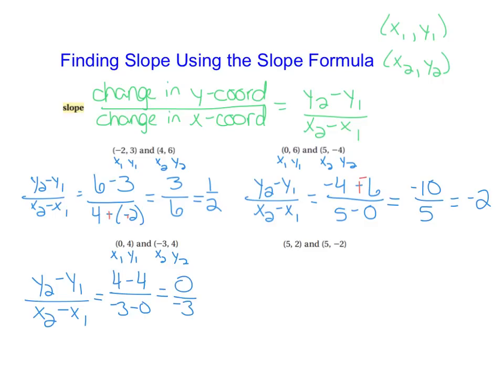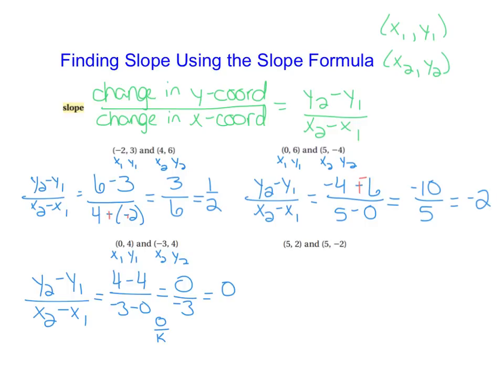Uh-oh, this is one of our special cases. What's 0 divided by anything? 0 divided by anything is 0. Remember, when 0 is on top, that is okay. So what kind of line is this? If I were to graph these, what would I get? Since the slope is 0, I would get what? I would get a horizontal line.